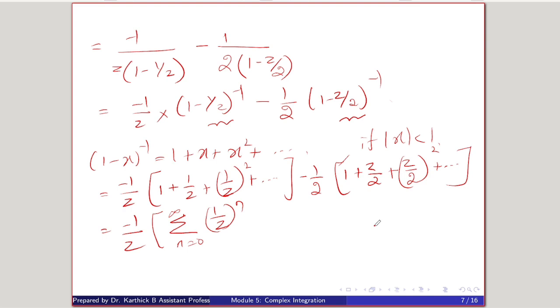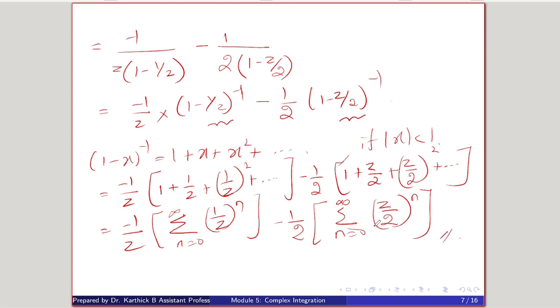If n equals 1, 1 by z will be there. N equals 2, I will get 1 by z whole square. So in the simplified form, we can write like this. Similarly, I can mention n equals 0 to infinity, z by 2 whole power n. So we have expressed the given function in the form of series.